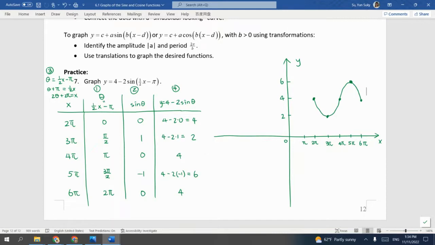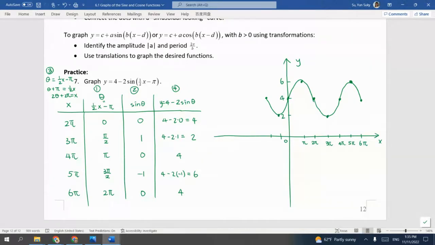You need 2 periods. So we can imagine here, we will go to 6, and then another one we go to 4. So that's 6, that's 4, and then 2, and then 4. Connect them smoothly. Then you get 2 periods.